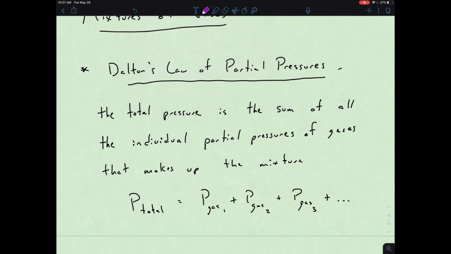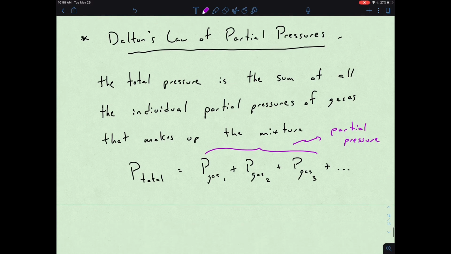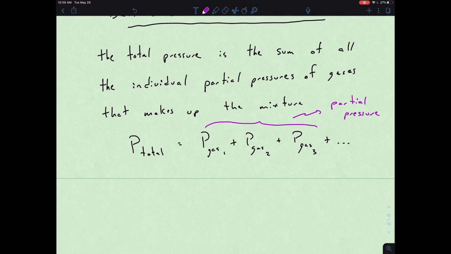So what we see here, these are what's known as the partial pressures. These are individual pressures for a specific gas, but since now they make up part of the total pressure, that's why they have this slightly different moniker with partial pressure.